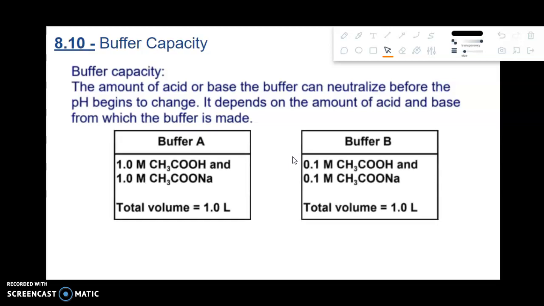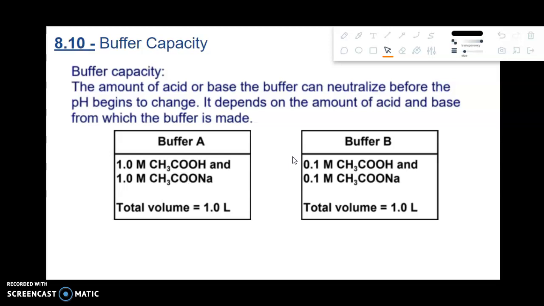If we look at these two buffers, we can see that they're both effective buffers because they both contain acetic acid and they contain the sodium acetate. Keep in mind that sodium atom there, that's just going to be a soluble ion. Think of it like a spectator. So after the spectator goes into solution, then we're left with acetic acid and we're left with acetate ion.